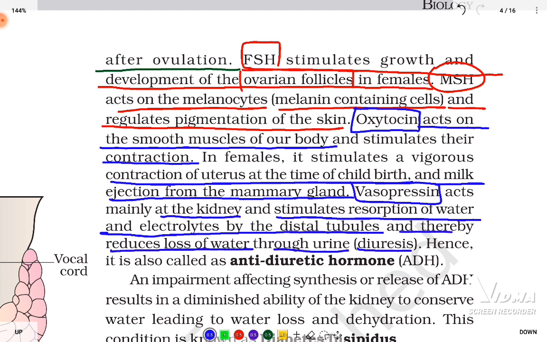Reducing the loss of water through the urine is called diuresis, and hence it is also called an antidiuretic hormone.